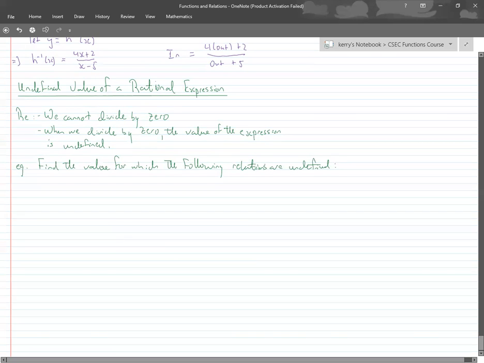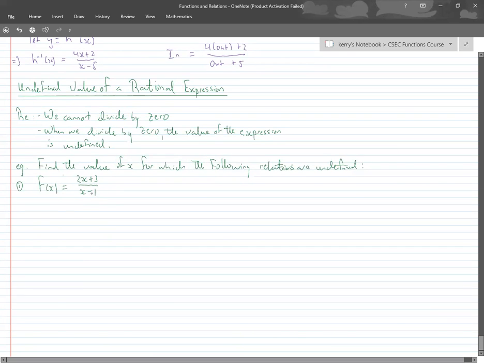Let's say number one, let's go with f of x equals 2x plus 3 over x minus 1. I know this is an easy one to start off with.